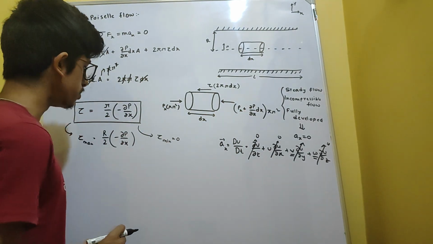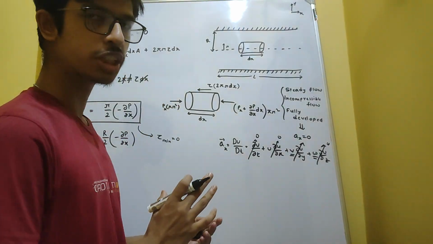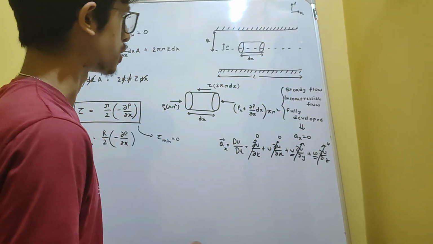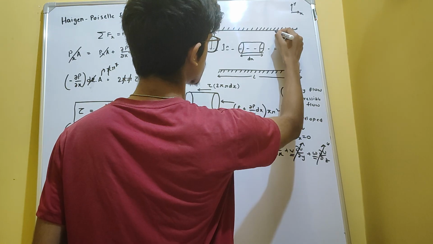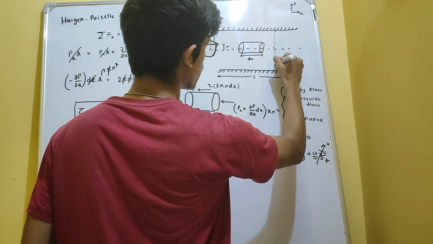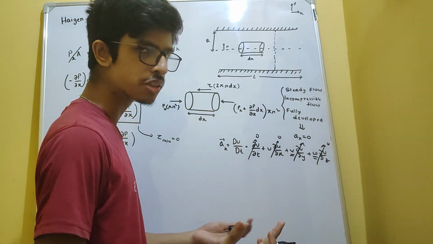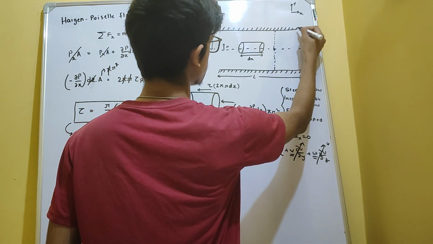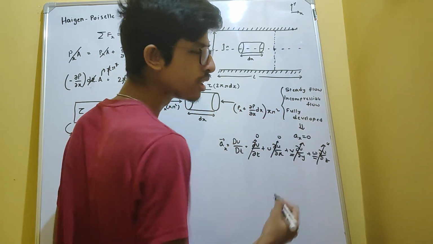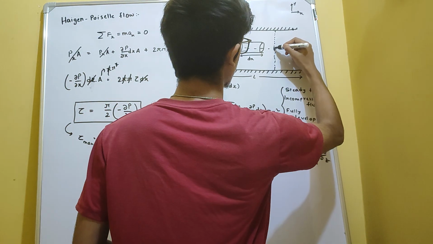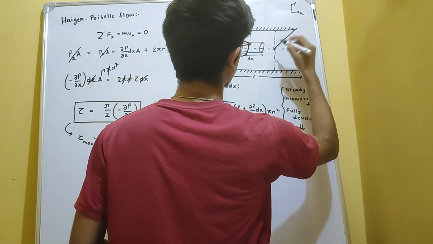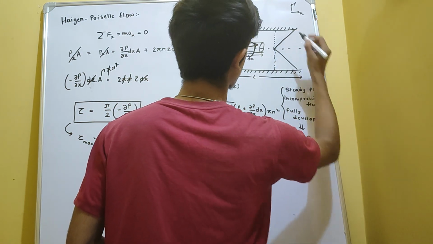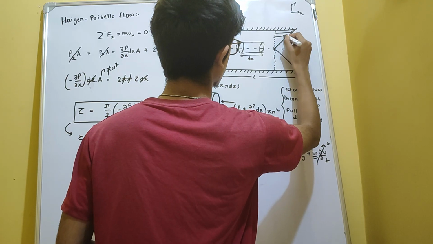And if you want to observe how the shear stress variation takes place over a particular cross section, then you simply draw the cross section over here. Here the shear stress is 0, and here the shear stress is maximum. So from here to here it is varying linearly. So just join these two points linearly, and this will be your shear stress variation.